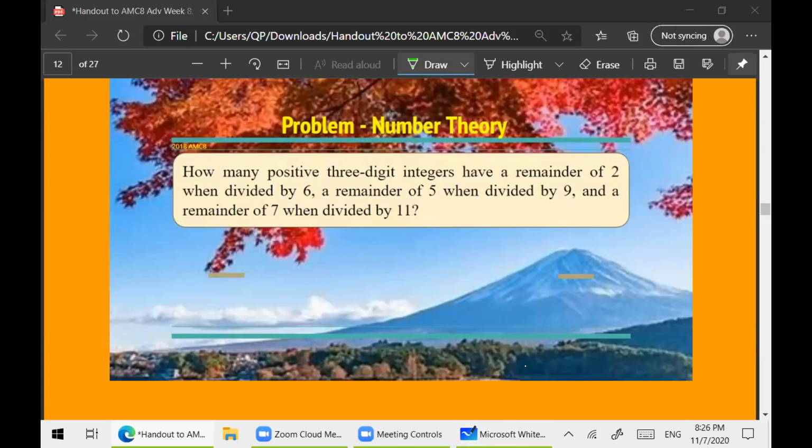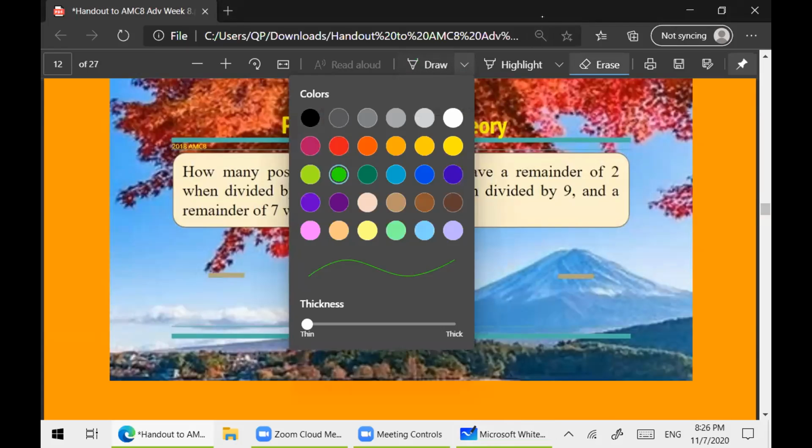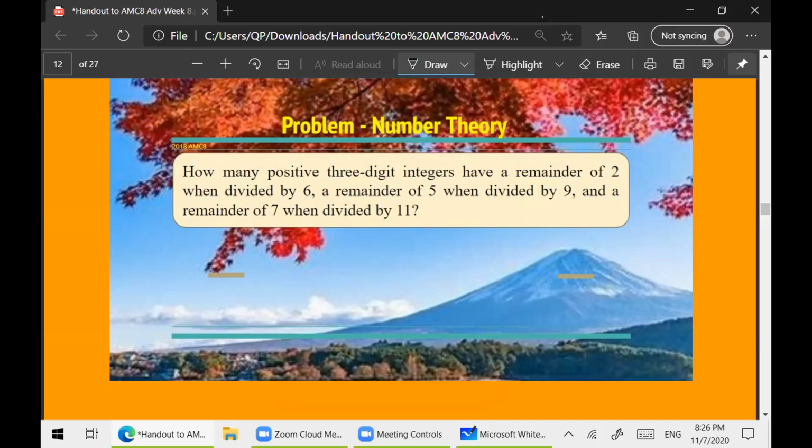Alright. So first of all, note that 6 minus 2 equals 9 minus 5 equals 11 minus 7 equals 4.